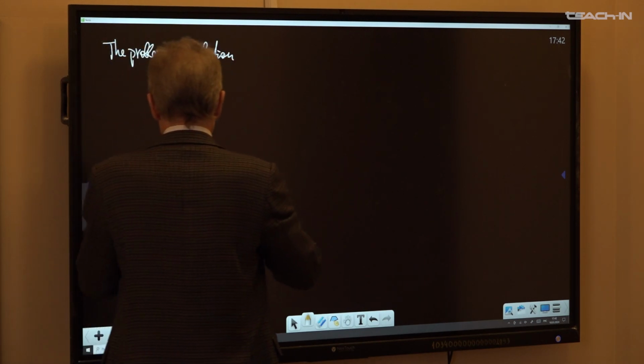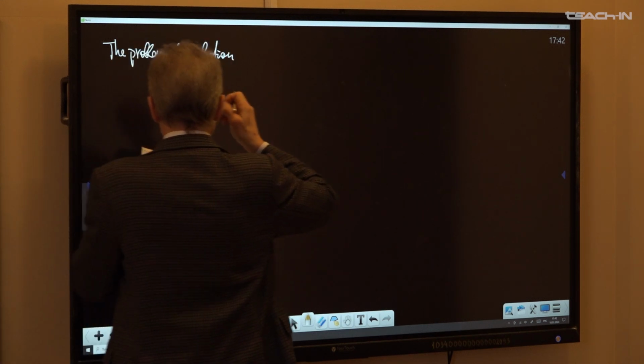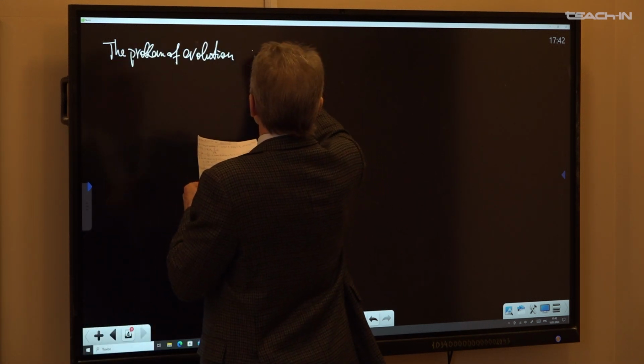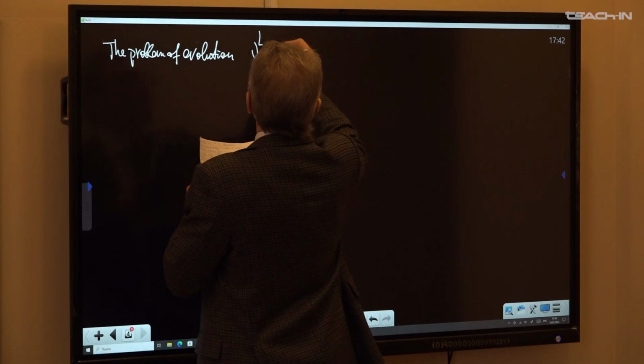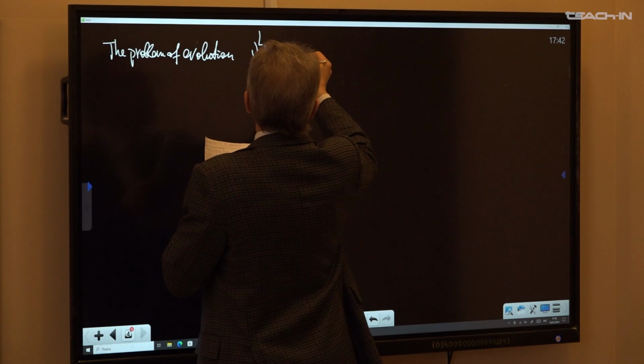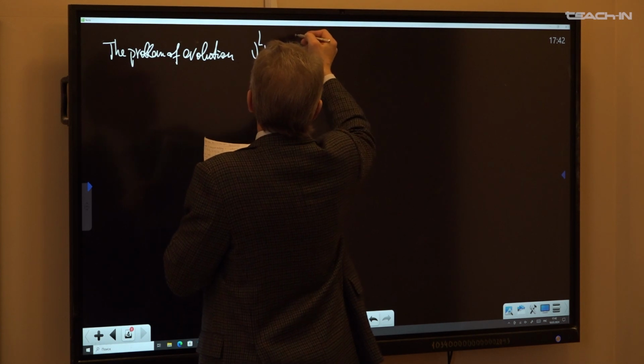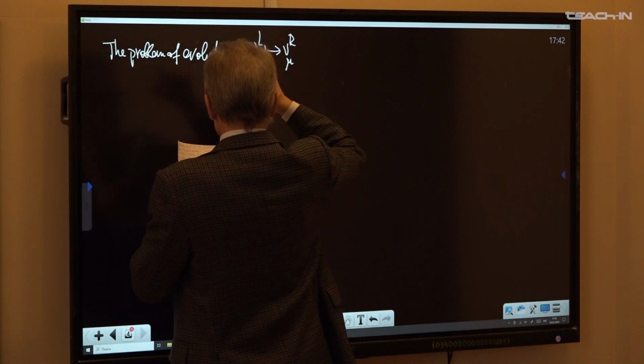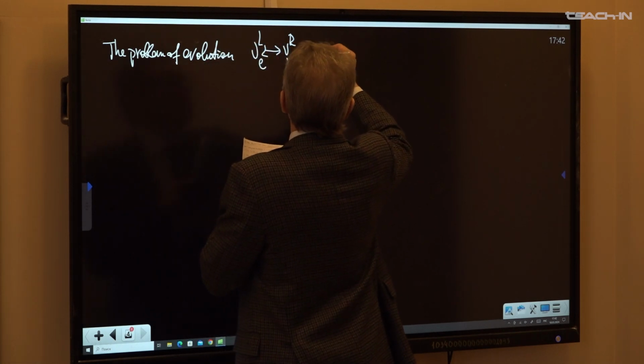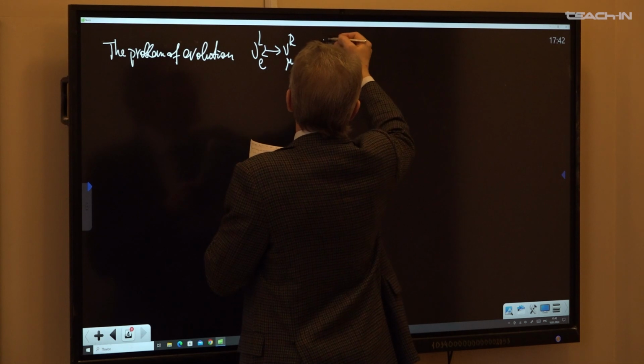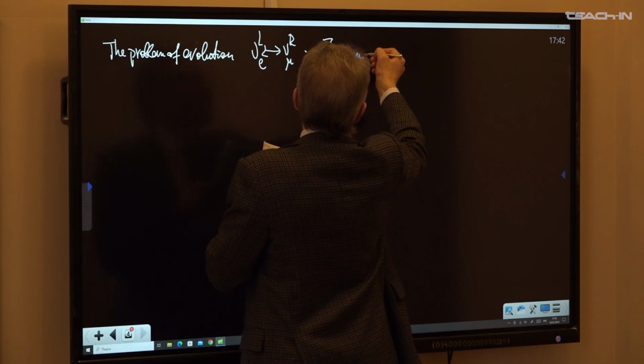The problem of evolution of this state, and in particular, we are interested in transitions between different mass flavor states in twisting magnetic field plus matter effect.